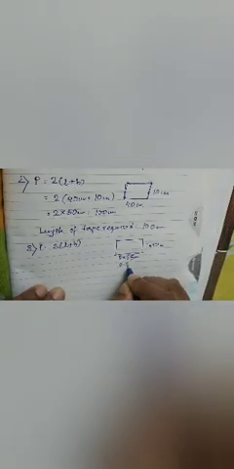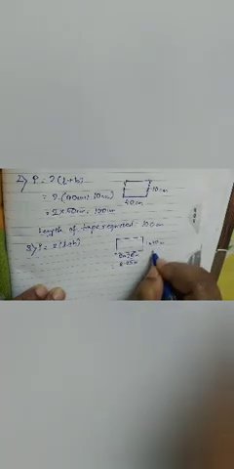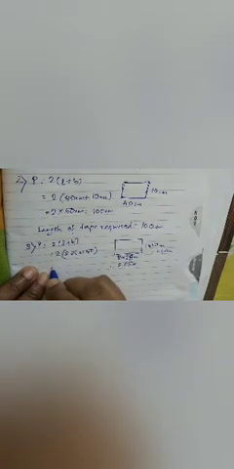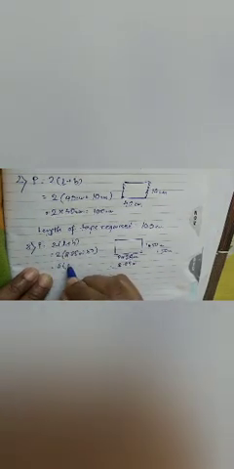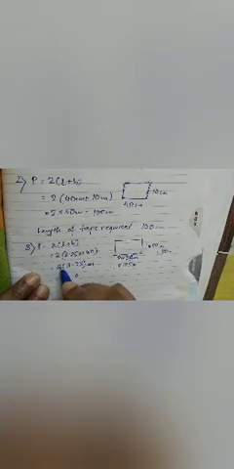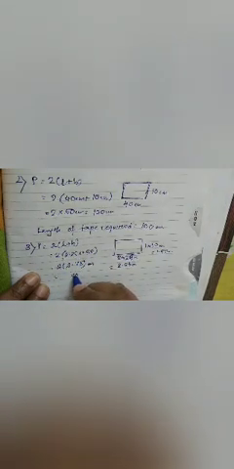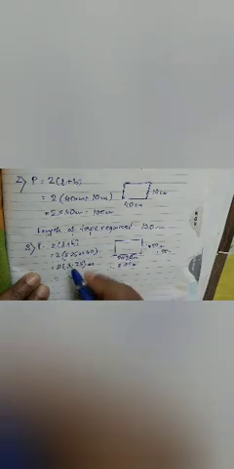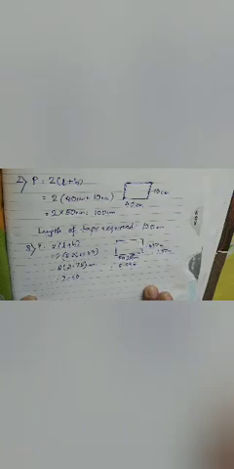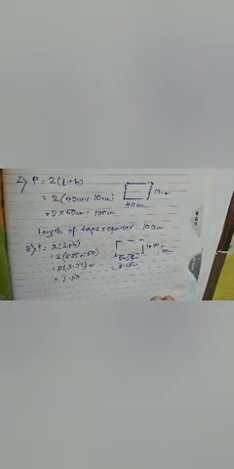So I can write 2.25 meter and 1.50 meter. So this is 2 into (2.25 plus 1.50), 2 into, add it up, 3.75 meters. What is 2 into 3.75? 2 times 5 is 10, carry 1. 2 times 7 is 14 and 1 is 15. Carry 1, 6 and 1 is 7. So 7.50. Just before the 5 there is a decimal point, so I have placed that. Okay, that is question number 3.